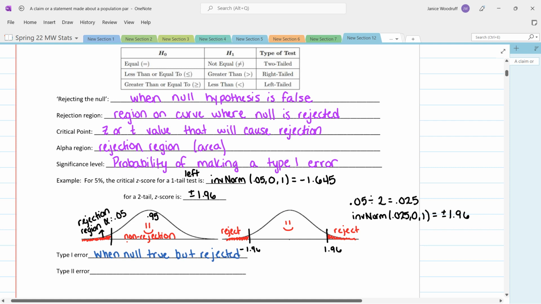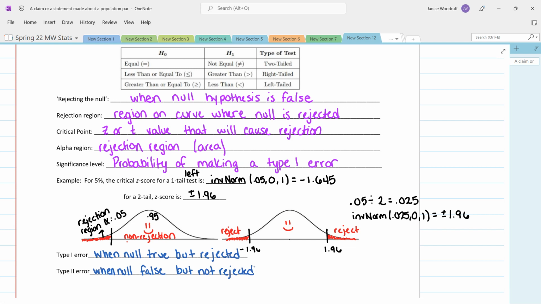And then a type 2 error is when the null is false, but it's not rejected. Okay, so let's look at that a little bit. I'll give you guys a second just to finish copying that.